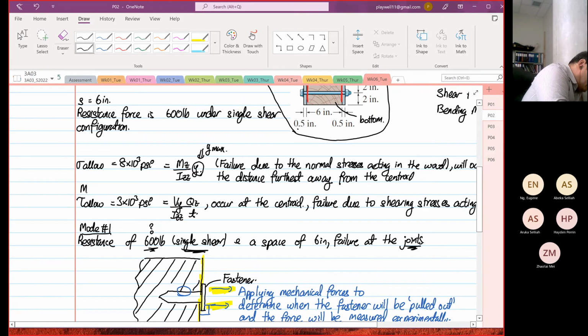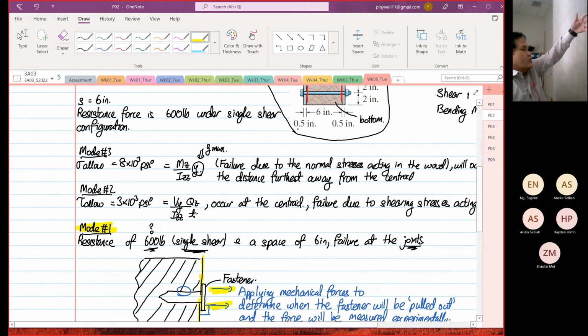Then we're going to calculate mode 2, which is due to the maximum allowable stress of the wood. And then we're going to calculate mode 3. Why do I do it this way? Because now we are learning about resistance of the fastener. That's a more critical one. Mode 2, you know how to calculate already. Mode 3, you also know how to calculate. But let's do mode 1 first.